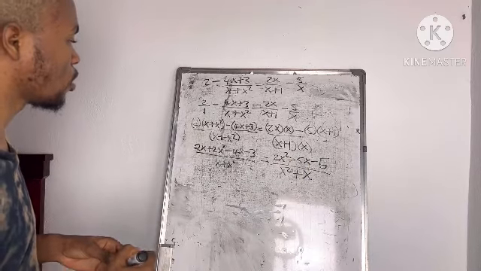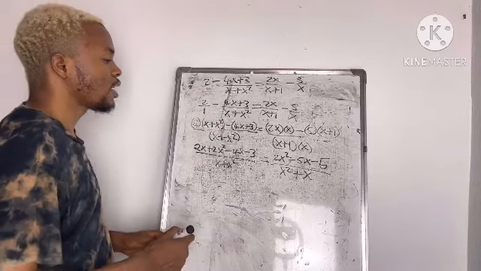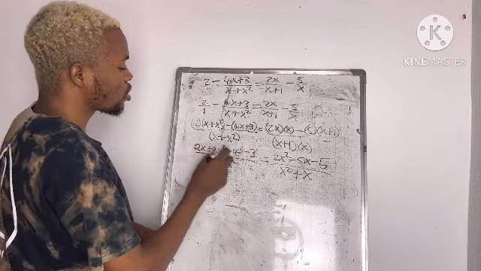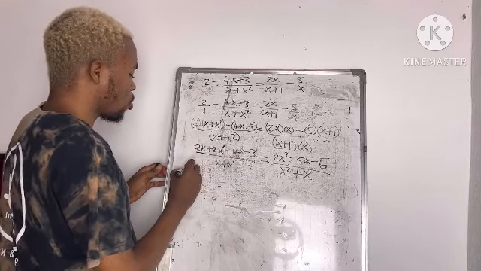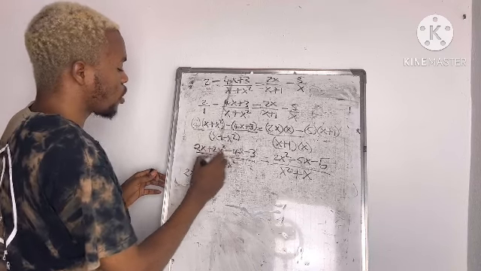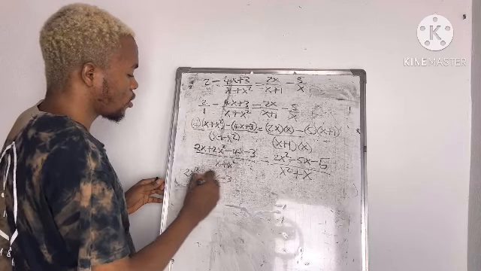Okay, so looking at this, we then cross multiply. Before we cross multiply, we simplify the top. So at this top, you have 2x squared, 2x minus 4x, you have minus 2x minus 3.